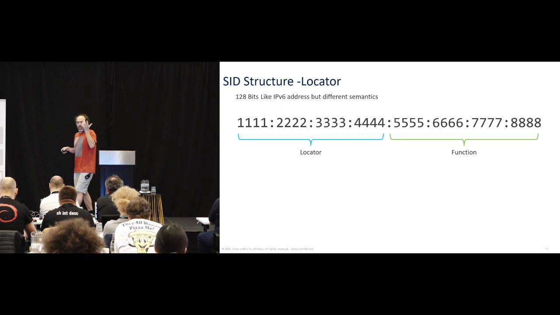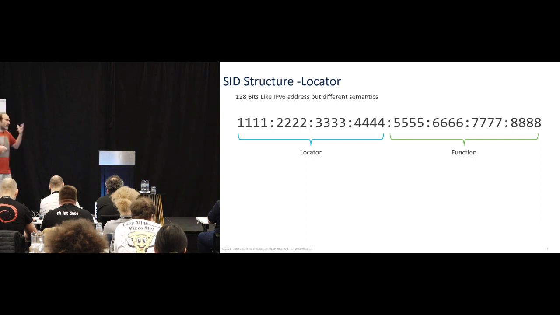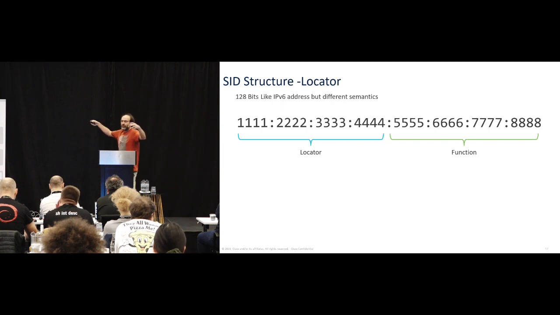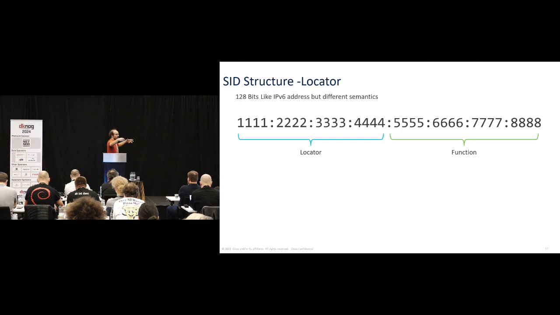This tells you where the SID is located. And if every one of us is part of an SRv6 network, every one of us would have advertised into the routing protocol at least one single locator, right? Here /64, but it can be anything, and we will see that later.